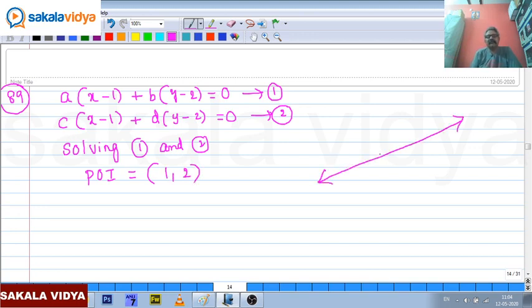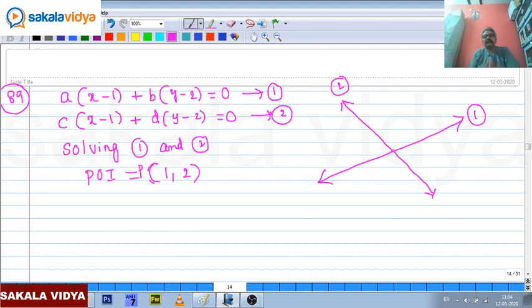This is the first line, this is the second line, and the point of intersection is say P. This is P, 1 comma 2.